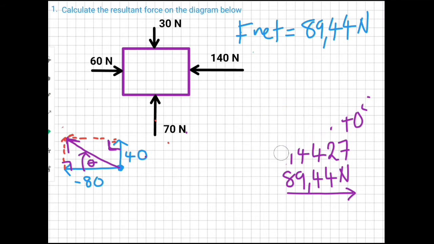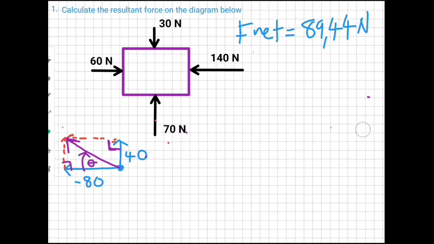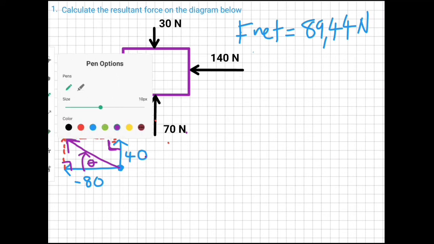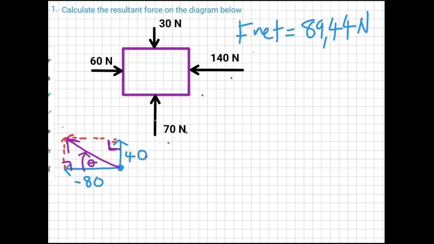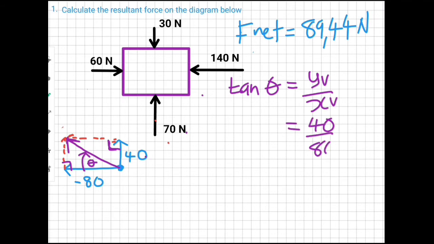And I said it's easier if we use the tan of theta, which is always the y vector over the x vector. In this case, the y vector is 40 and the x vector is 80. Notice I've used 80. It's always easier not to use the negatives when you're calculating the angle.